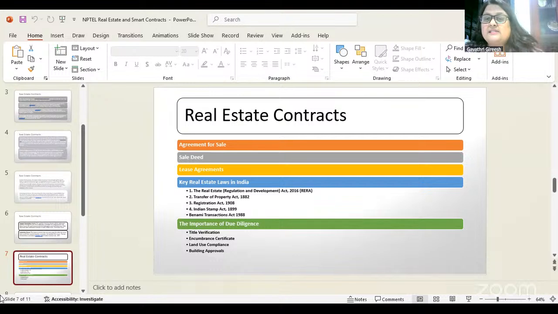Also, I'm not saying that lease agreements are only by the government, but they are also by the private parties to the contract in the real estate transaction. But mostly the lease agreements are done by the government, because the real owner of the land is the government, and the land resource is very limited. Now the geographical area of India is limited.